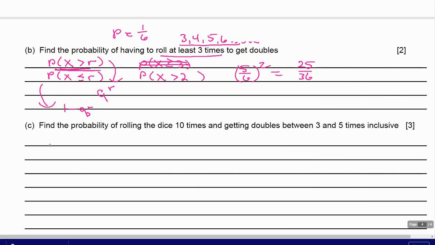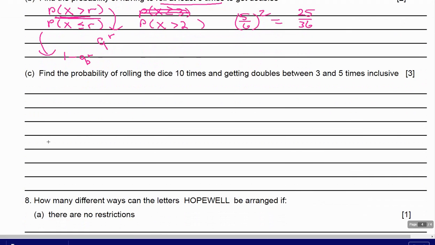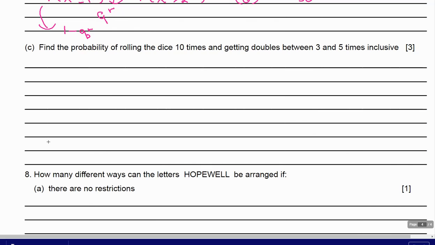So tell me about number C. What does C say? All right, so first, is this binomial or geometric? Because why? All right, 10 trials. N equals 10. What do I want to find the probability of?